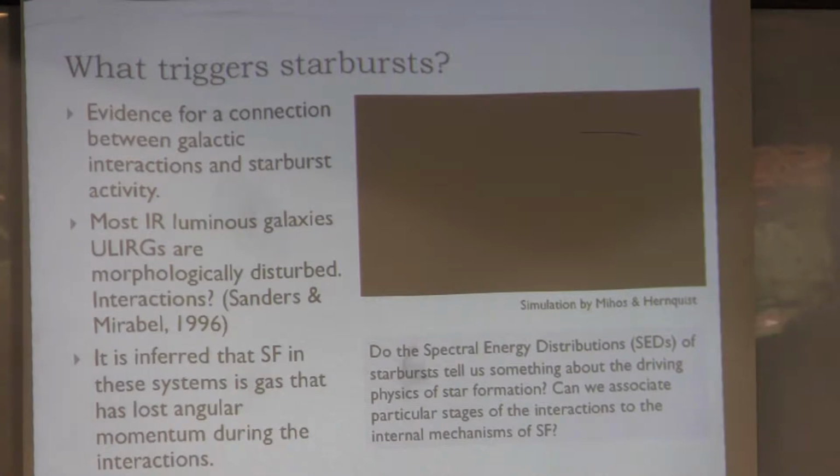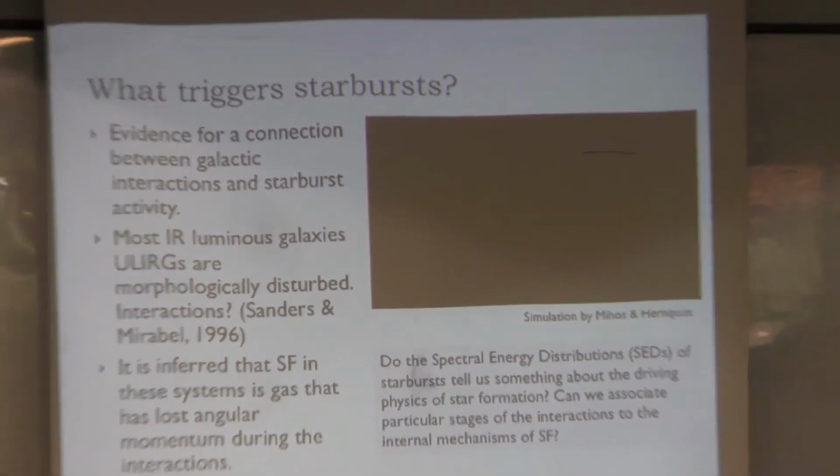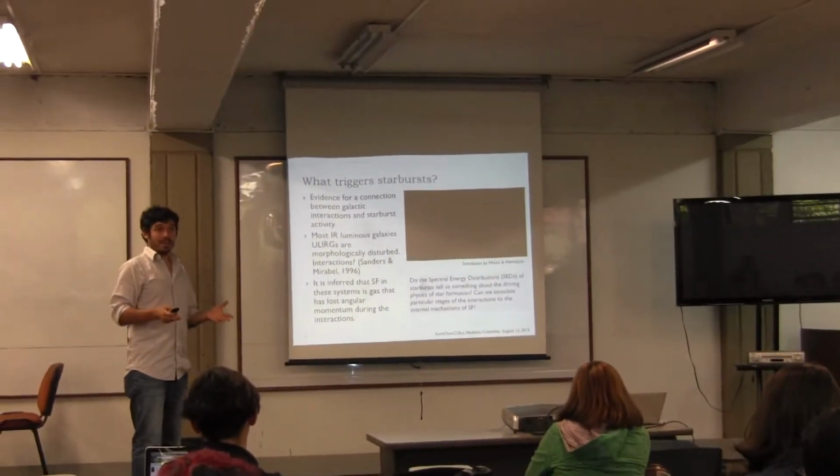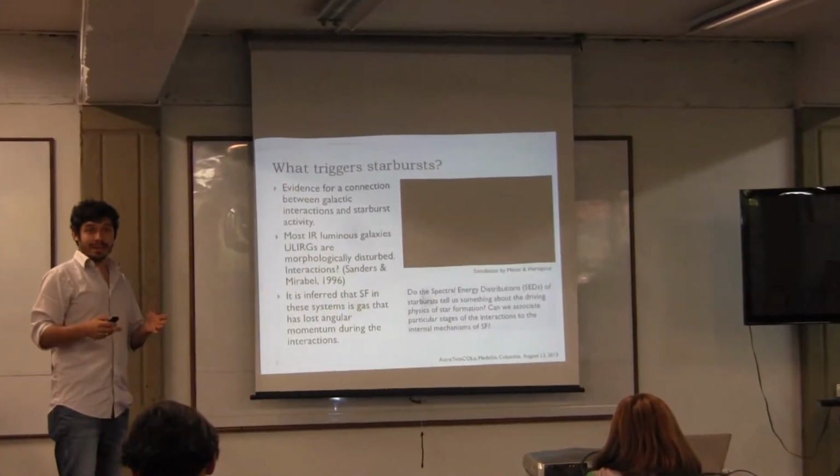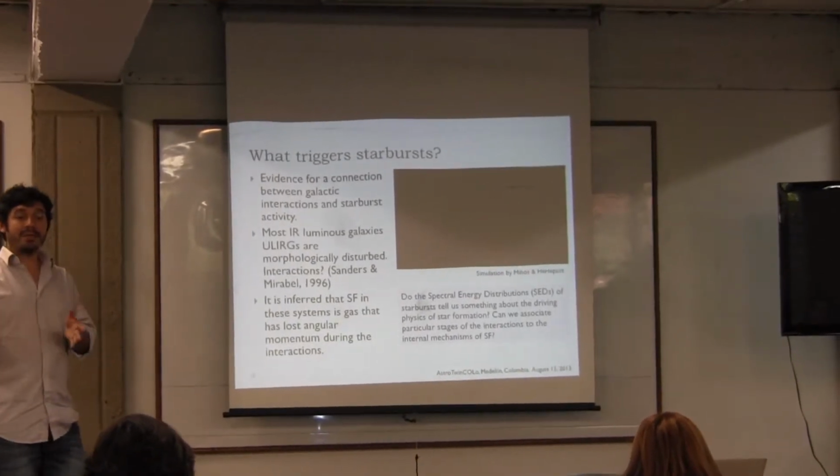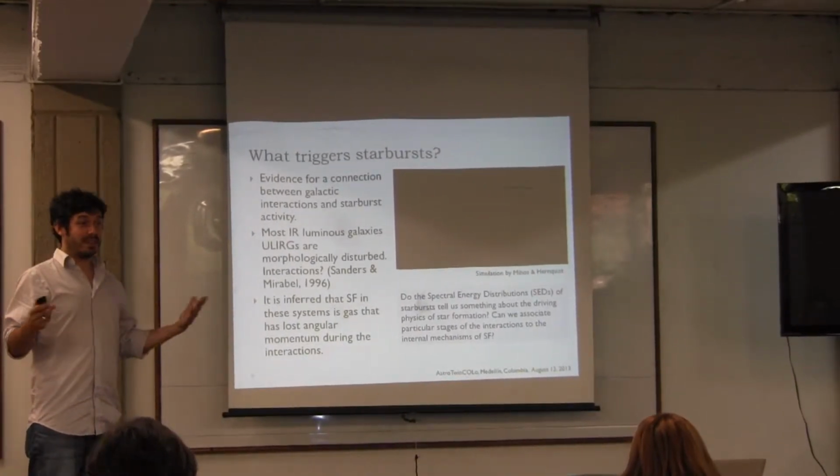But what triggers them? Why do these starbursts, these galaxies or regions where stars are being formed at such high rates, happen? There has been long-standing evidence that the systems that emit a lot of light in the infrared are also morphologically very disturbed.